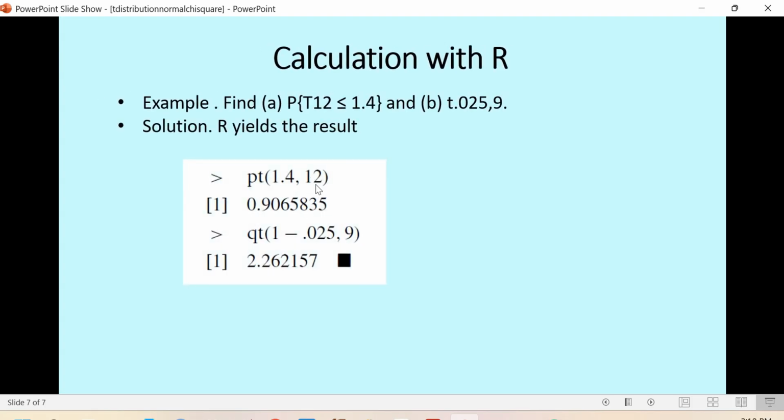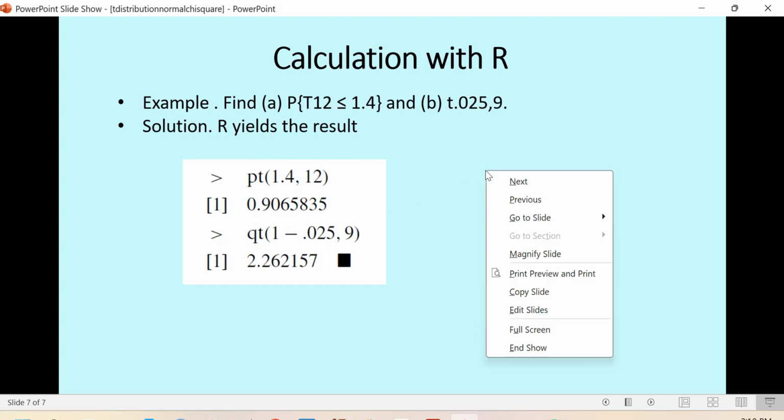For the next example, we want to calculate the probability that a t random variable with 12 degrees of freedom is less than 1.4. We can just use the function pt(1.4, 12). The result is about 0.9.